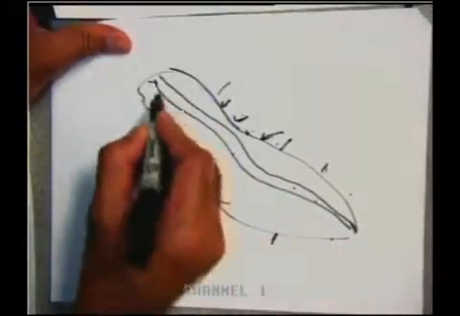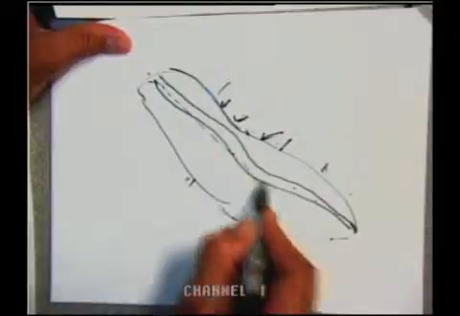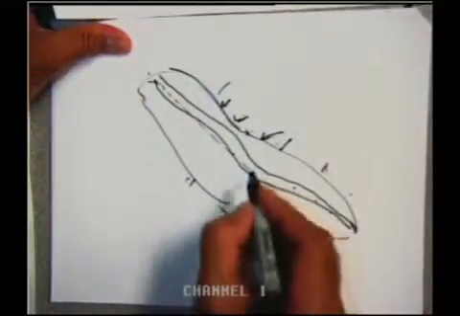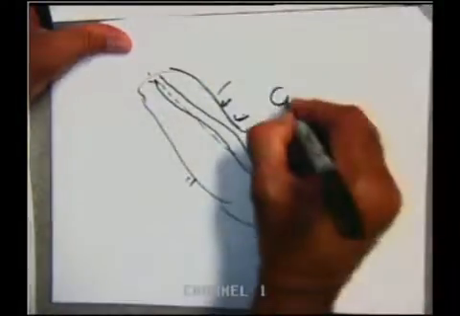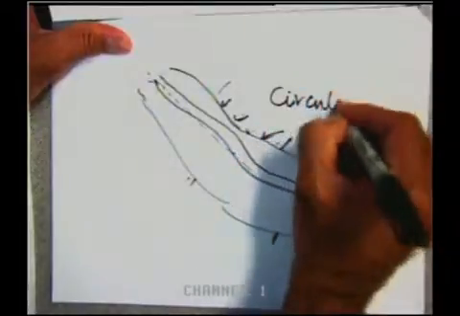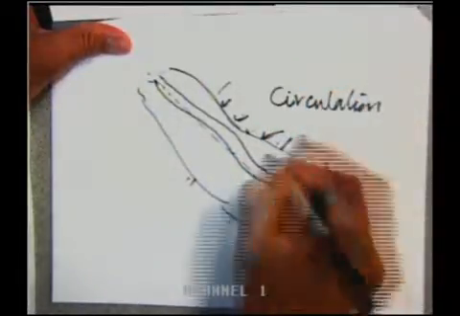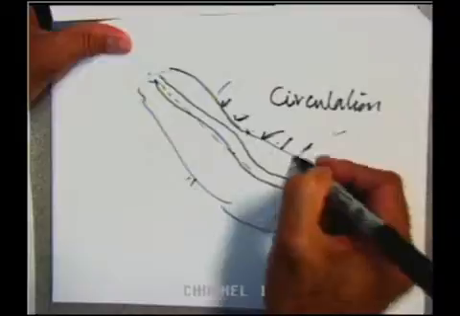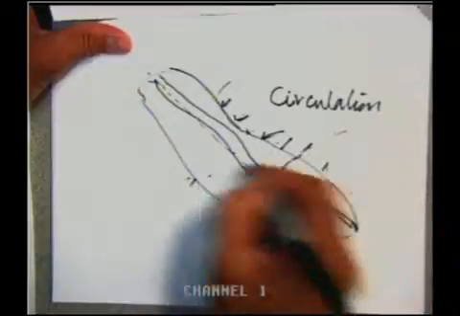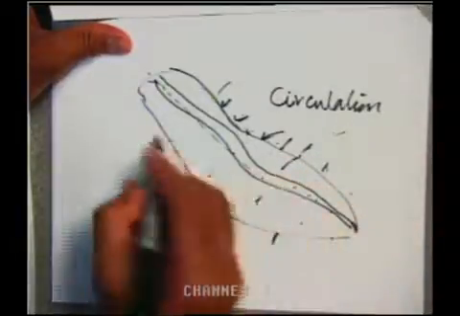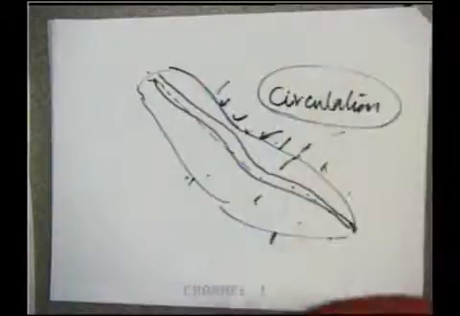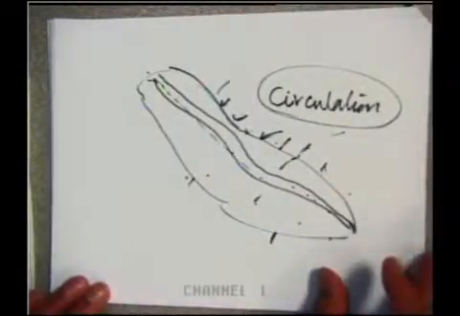So those organisms which have the coelomic cavity must have a circulatory system, because the air cannot penetrate through the skin and tissues and muscles to go to the internal organs. So they have to have a circulatory system. That's the need for the multicellular organism.